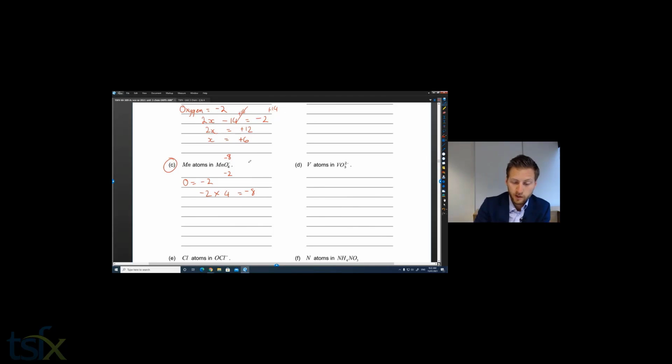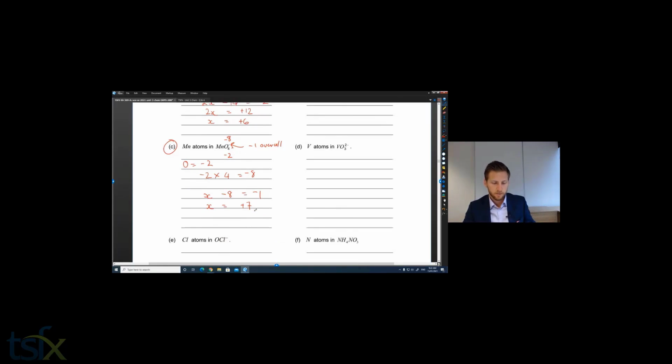It sums to -1. So we have X - 8 equals -1, because the charge there is -1 overall. And so now you need to put this to the other side. So X equals what? As many of you said, +7. We just move 8 to the other side, makes +7.